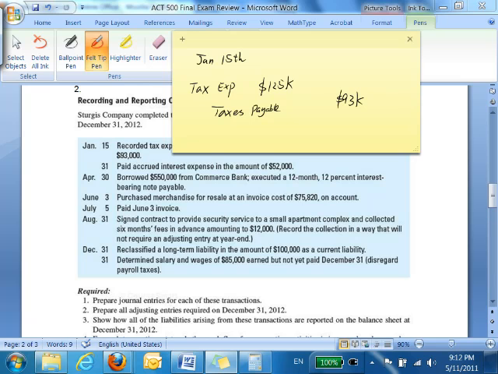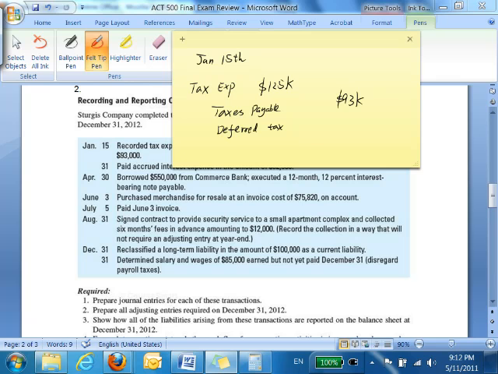And the difference is what? The difference is deferred tax liability, which is $32,000.